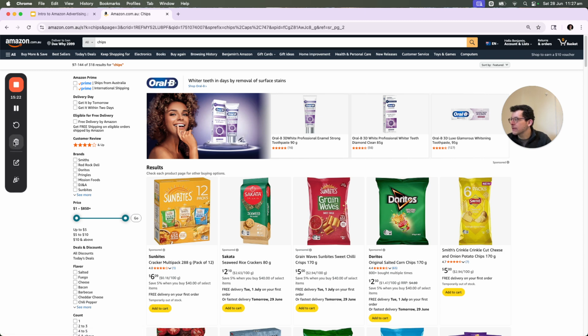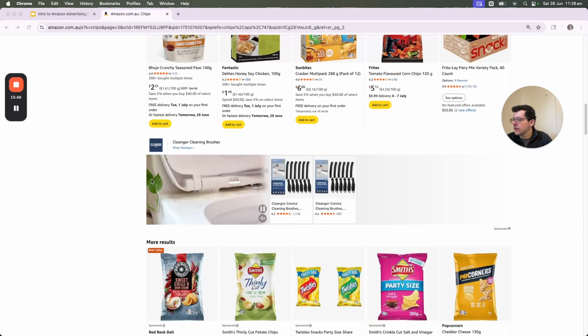Yeah, interesting. Oral-B, not very relevant toothpaste. So they've got the campaign running here. It looks like they're probably not bidding as high an amount as that Smith's brand, or maybe their products are not as relevant, and therefore that's why they're appearing on page 3. And then, yeah, so that's kind of how it works.